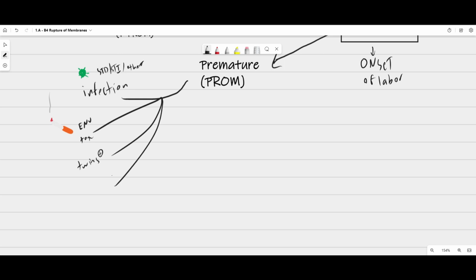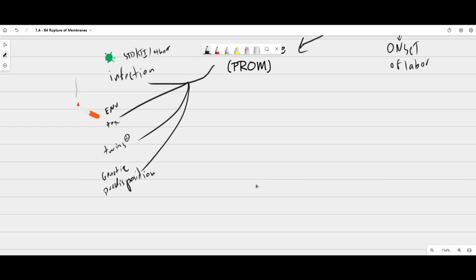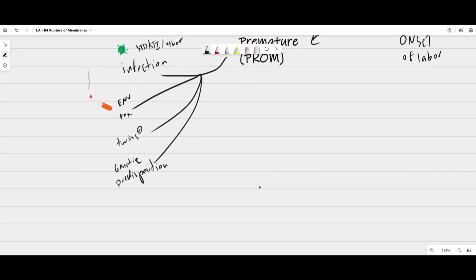And then lastly is just a genetic predisposition. For whatever reason, the integrity of that sac wasn't the best, so it just went out a little early. This can include some things like incompetent cervix.